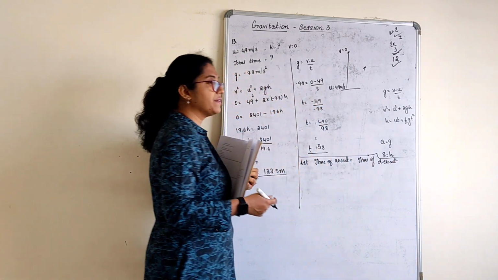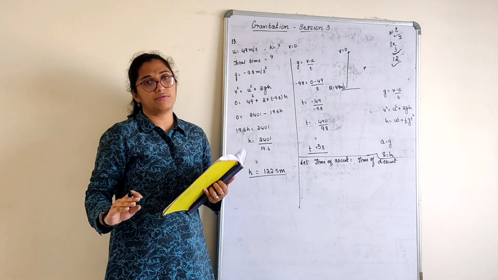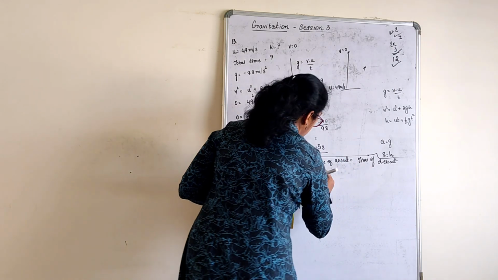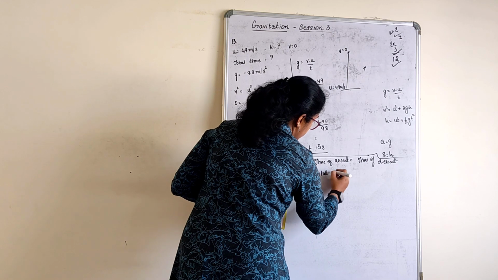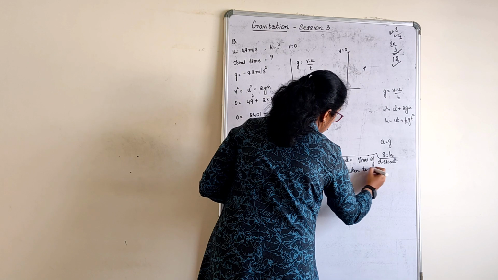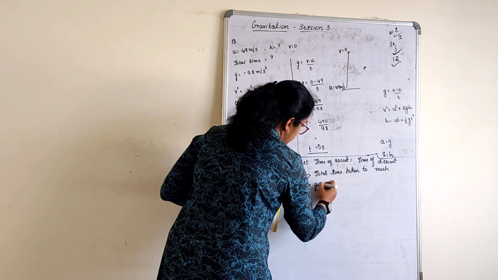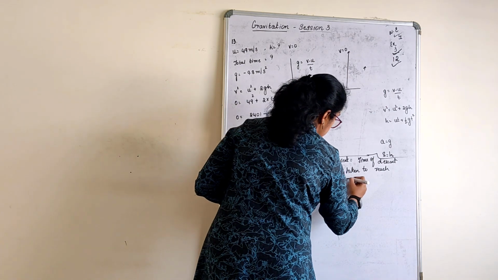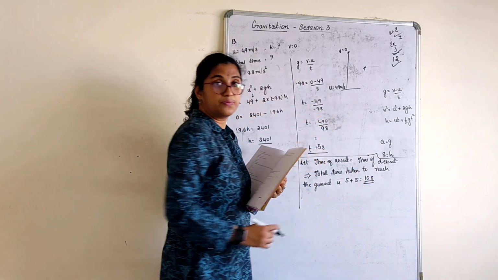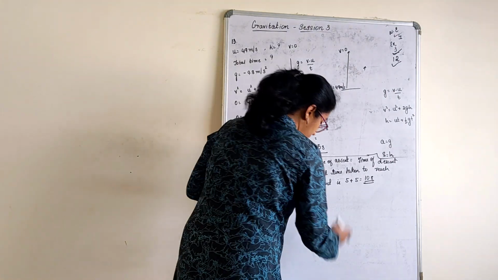That means whatever time the ball has taken to reach the top, it will take the same time to reach down. So this and this is same. This implies total time taken to reach the ground is 5 plus 5, 10 seconds. Okay, this is how you solve it. We'll quickly go with the next one, 14th one.